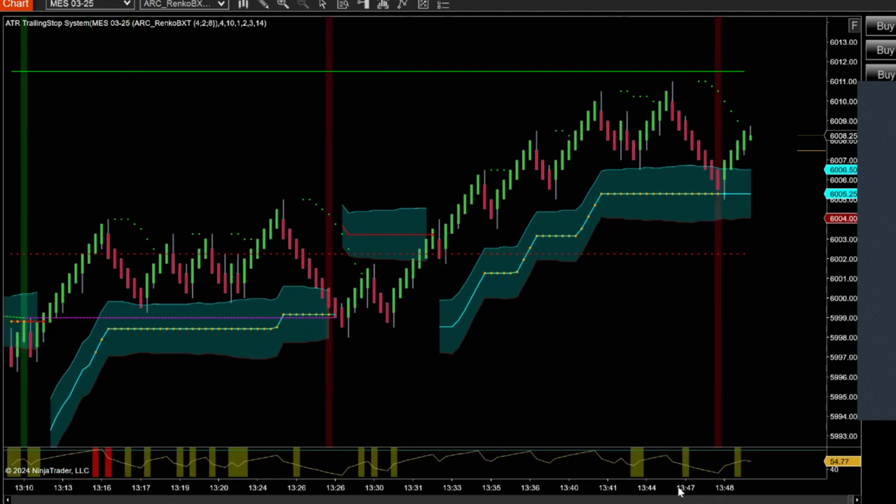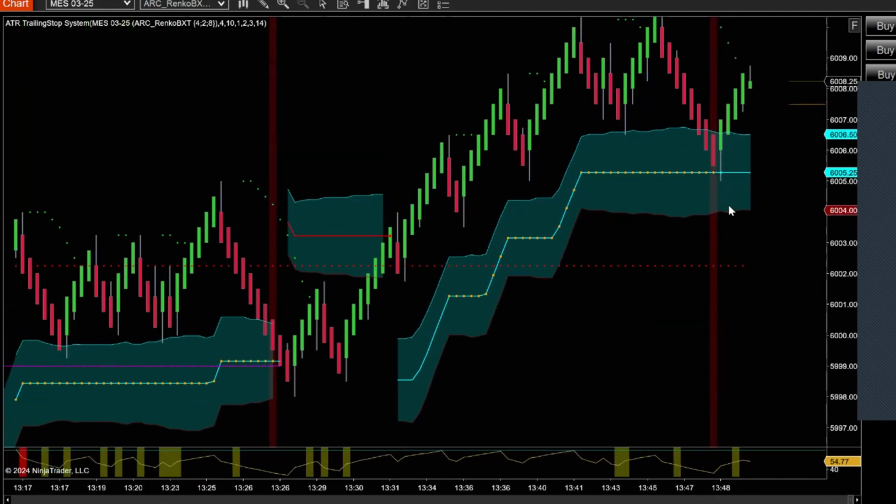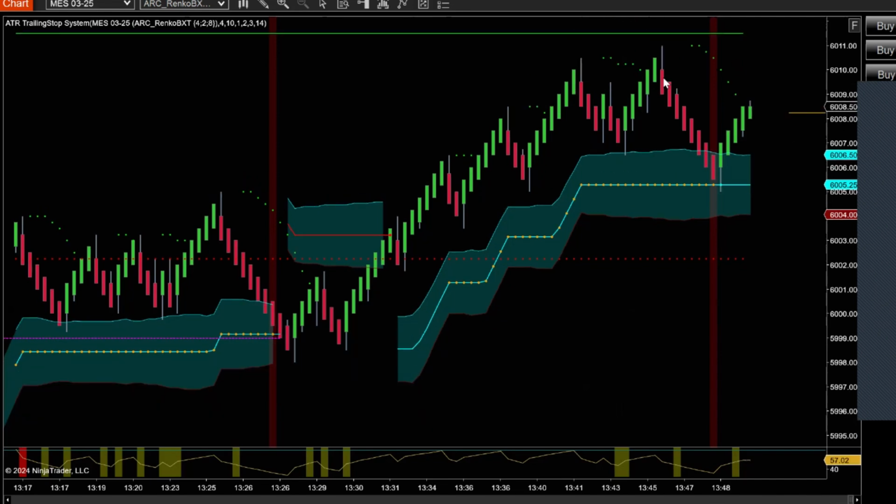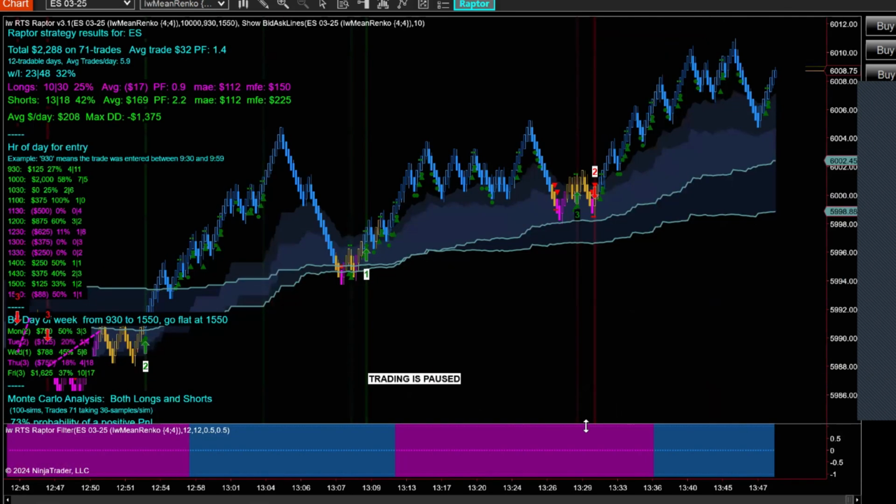So hitting the MES just hit my sell signal here, and it bounced off of it. I would probably go short on a retest of that low if I don't make a new high. Yeah, there's no Raptor signal coming in because it's in Raptor's context, we're in an uptrend right now. So you won't get a number 3 for a while.